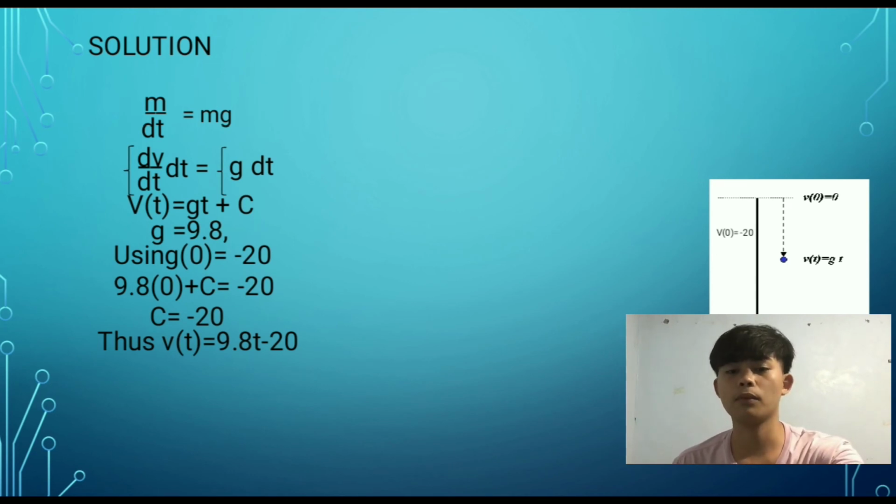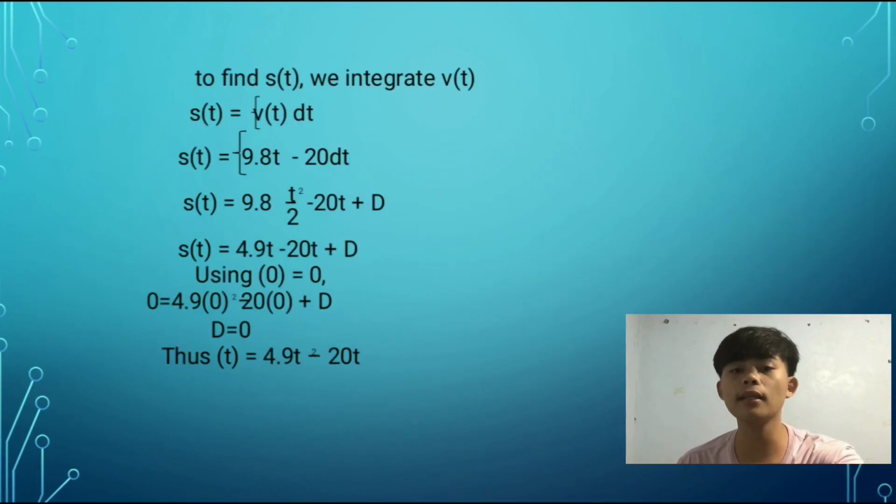minus 20. To find s(t), we integrate v(t): s(t) equals the integral of v(t) dt, equals the integral of (9.8t minus 20) dt, equals 9.8t²/2 minus 20t plus d, equals 4.9t² minus 20t plus d.